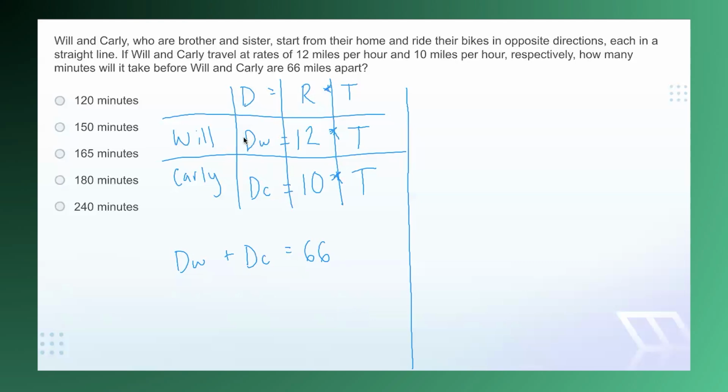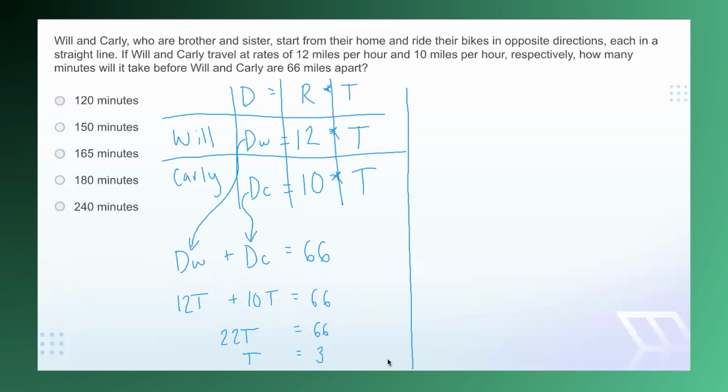Now, plugging our first 2 equations into our third equation, we get 12t plus 10t equals 66. Adding, we're going to get 22t equals 66. Dividing both sides by 22, we get t equals 3.